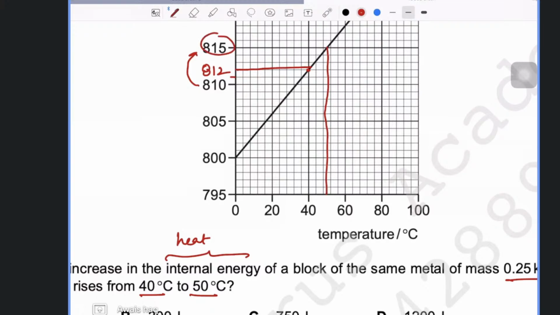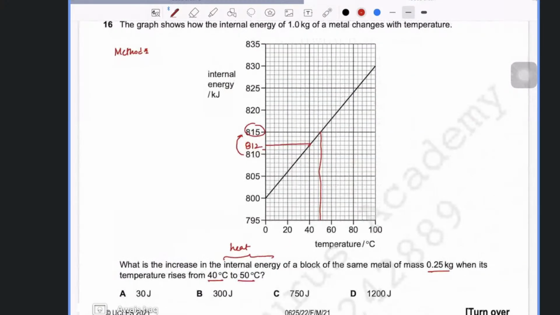Okay, 815, right? So method 1 is when you use the equations, obviously. You say the change in energy between raising this temperature was 815 minus 812. That's going to be 3 joules, right? Now, specific heat capacity is Q over m delta theta.